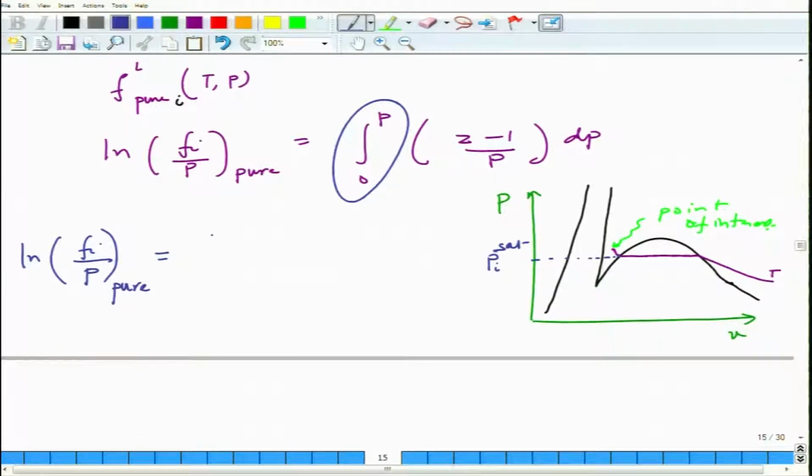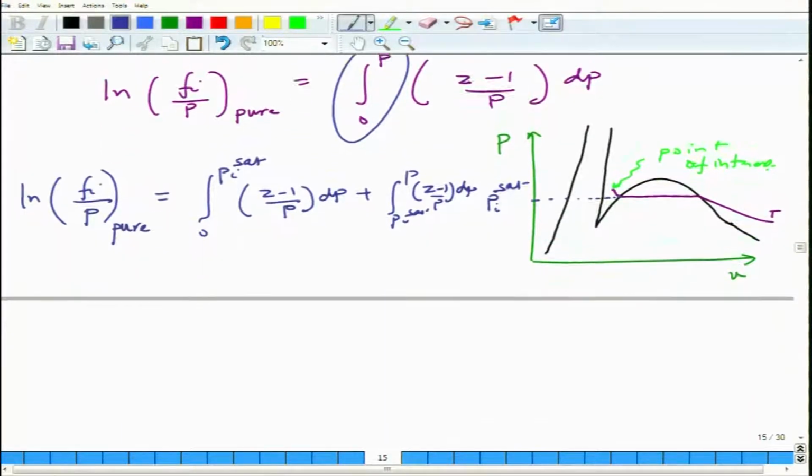But now, I will break the integral into 0 pressure, which is way down here, up to the point where we reach P saturation, plus the integral from P_i sat to P of (Z minus 1) by P dP.